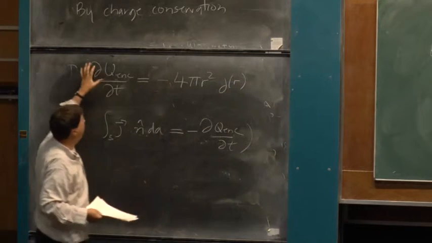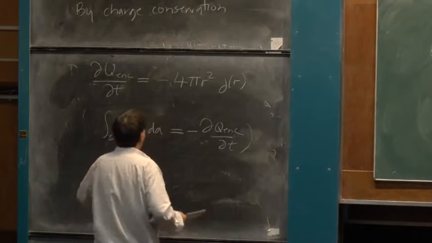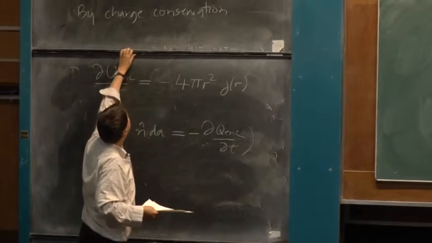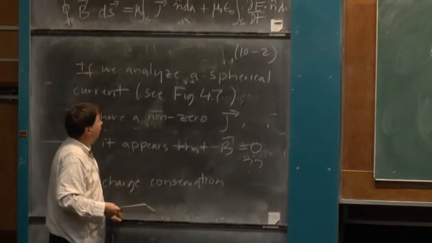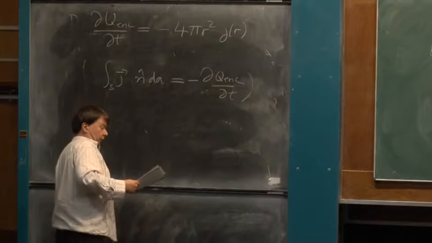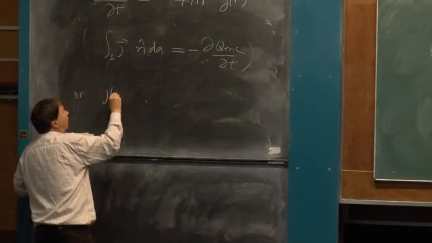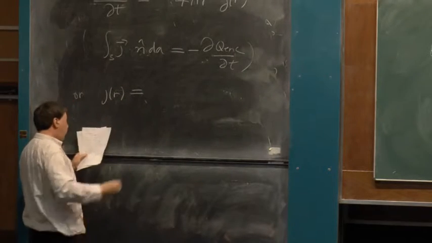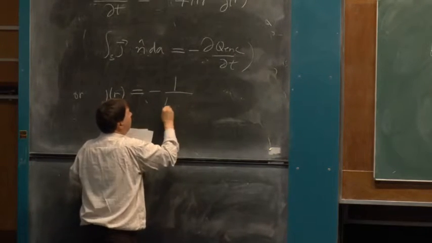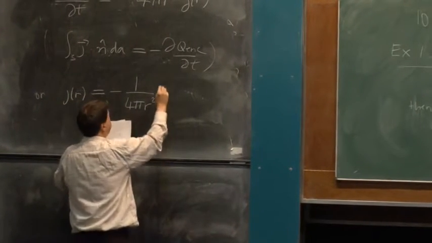So this is just saying, what's charge conservation in this problem? Now, just to make this a little bit clearer, let's rearrange it. Our current density, J of r, is equal to minus 1 over 4 pi r squared dq by dt.